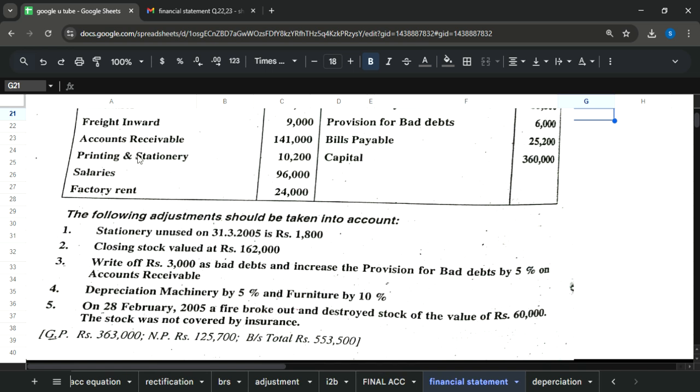Luckily, printing and stationery is present over here. So the total stationery bought was 10,200, but out of this, 1800 is not used. What meaning are we taking from it? It means the difference of these two amounts has been used.